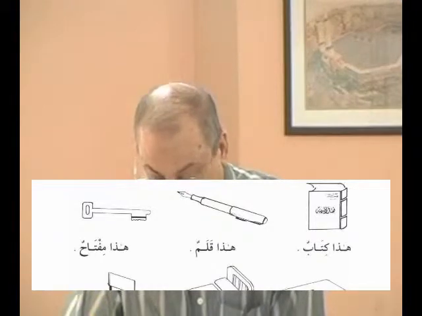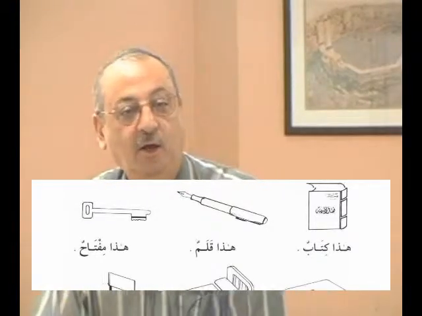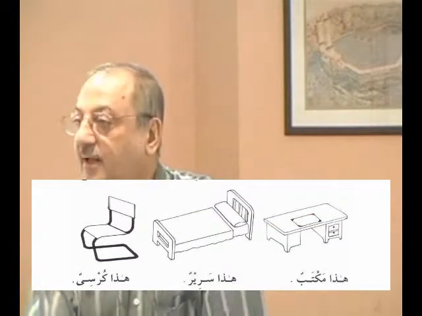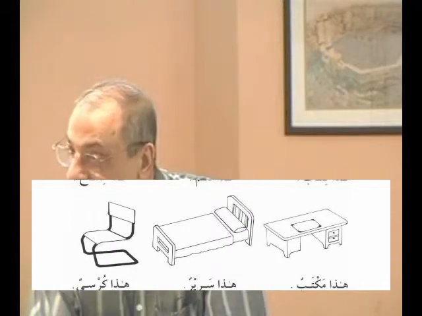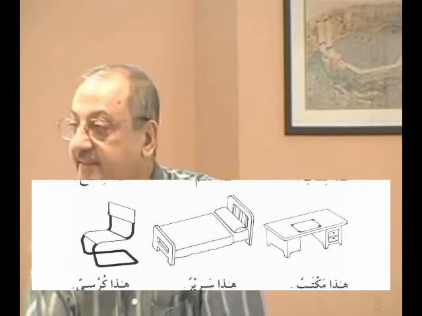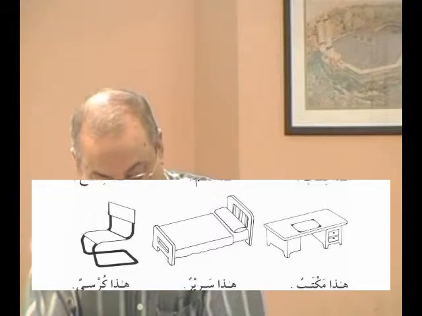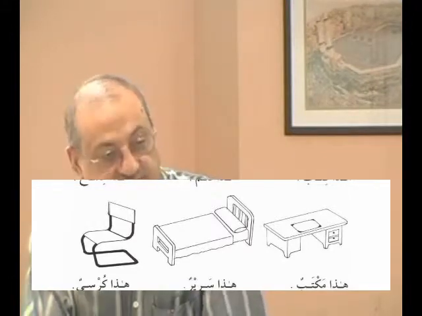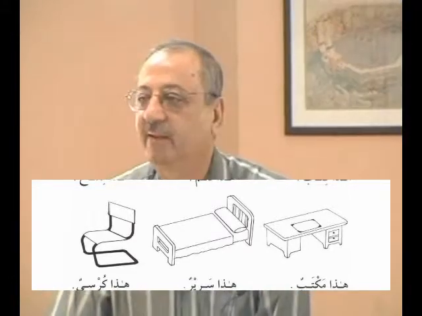Haza Miftahun. Haza Maktabun. Haza Sarirun. Haza Kursiyun. Are you with me, brothers and sisters? This is easy, you know it. But now you got to memorize the vocabulary and practice at home, inshallah.